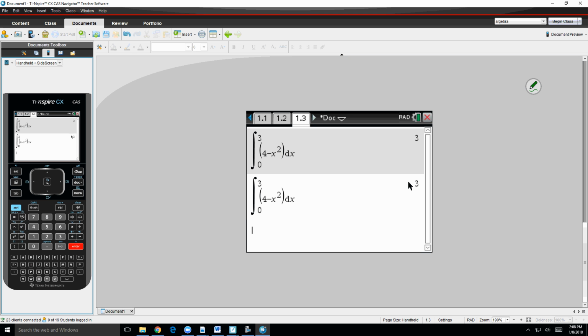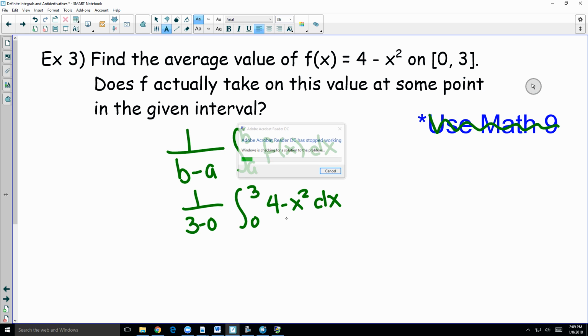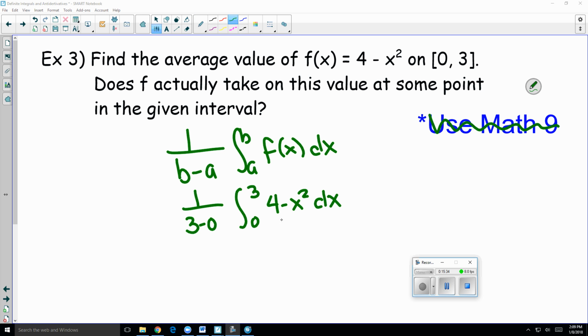And that gives me the integral is equal to 3. So this integral right here that I just typed in was equal to 3. Then this is 1 over 3, so a third times 3, which is equal to 1, which means that the average value is equal to 1.